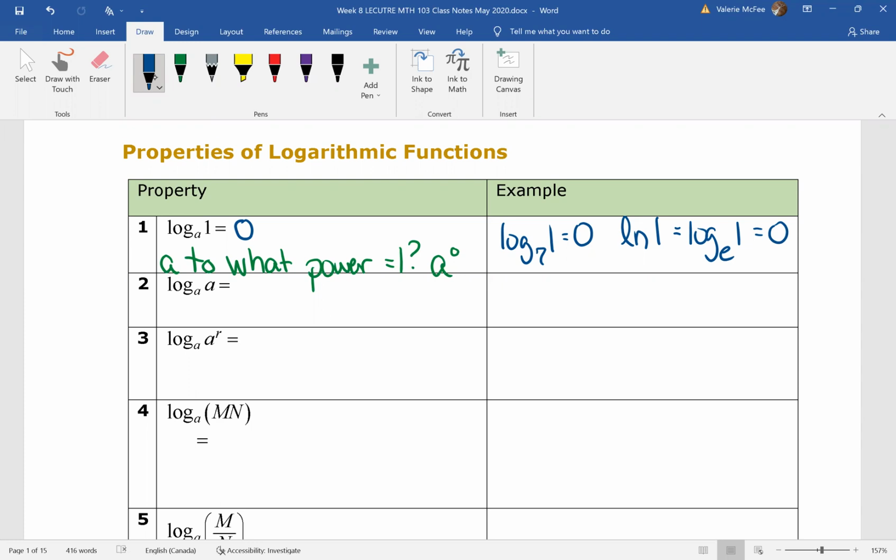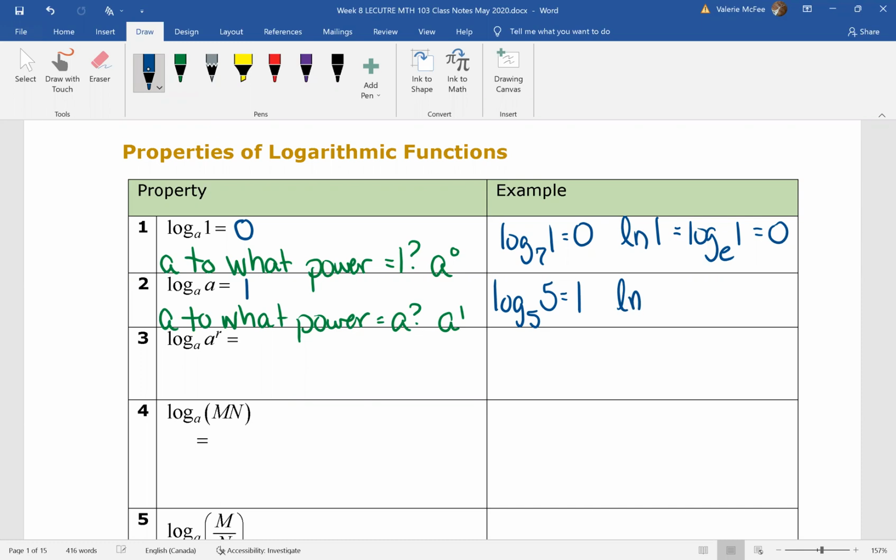What about the question for property 2? A to what power equals a? That has to be a to the power of 1. So the answer here, when the base and the argument are the same, is always 1. So some examples. Log base 5 of 5 equals 1.